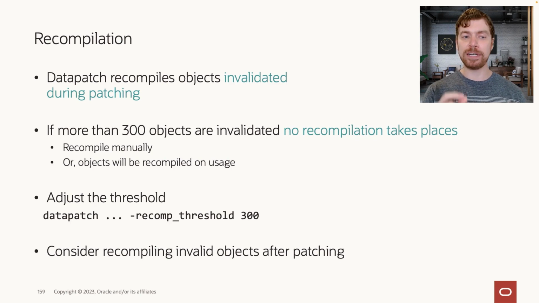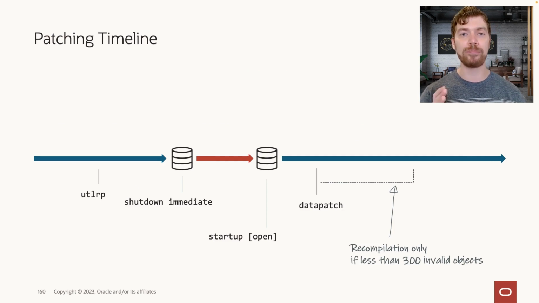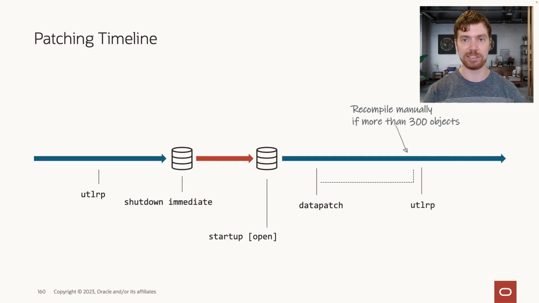You can use in the Datapatch command this -recomp_threshold parameter and change this 300 default to another number. And always consider recompiling invalid objects after patching. So you remember our timeline? After the patching operation is done, run also utlrp after the Datapatch process, okay?